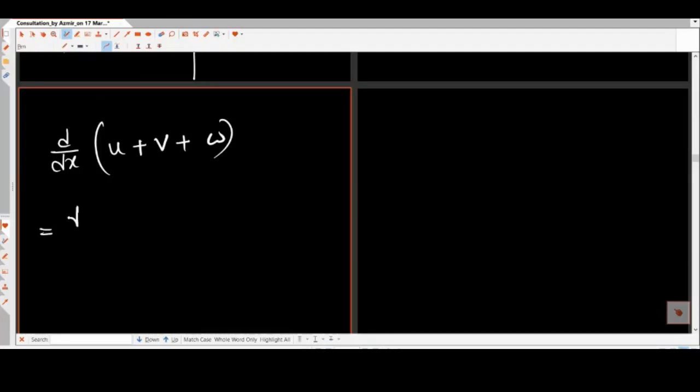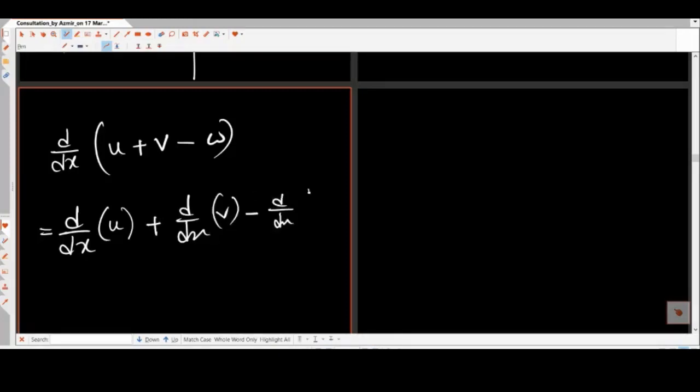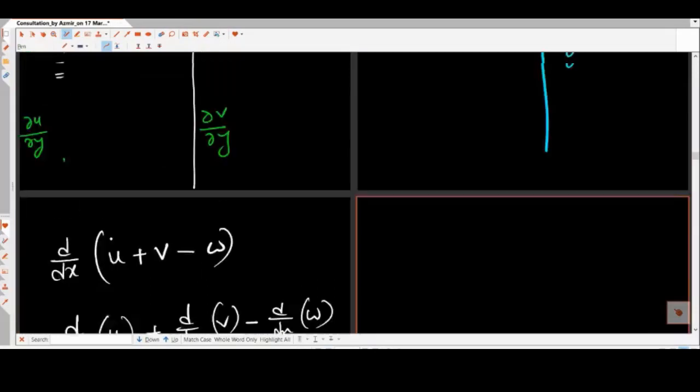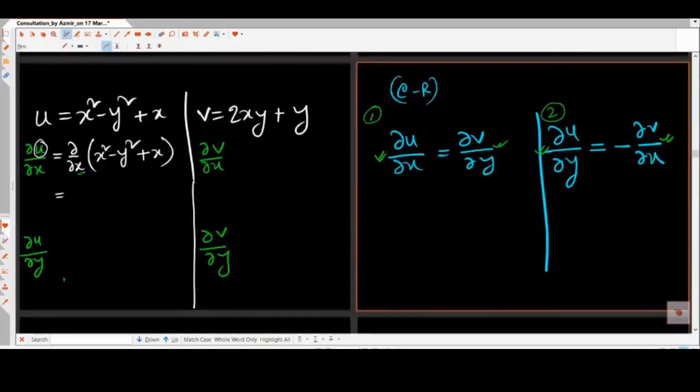In that case, all these are summation terms. We may also have a subtraction term, u plus v negative w. So what can we do? We can separate all the terms and find the derivatives: d/dx of u plus d/dx of v negative d/dx of w. This is what we know from ordinary differentiation, so the same concept will be applied here.